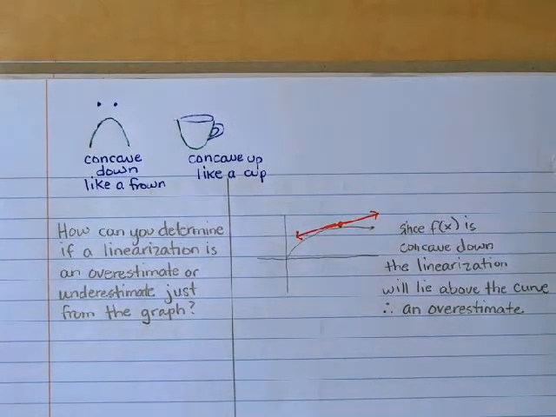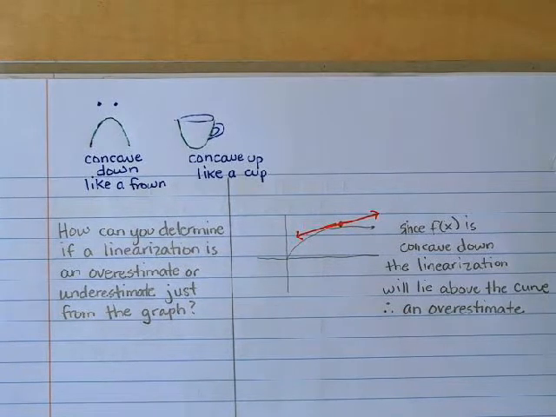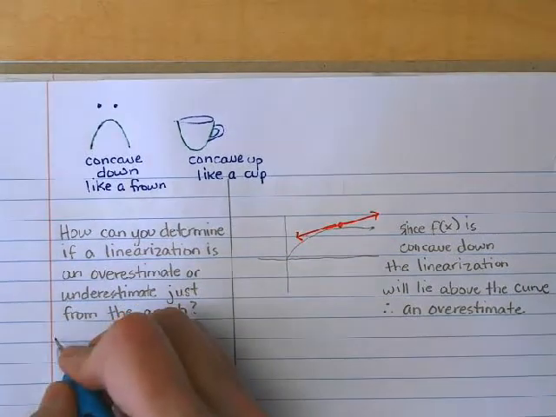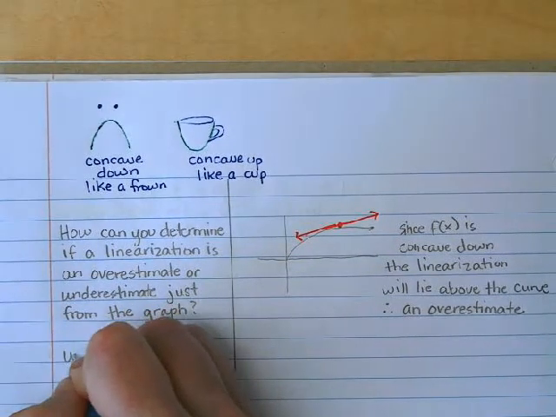Okay, so let's go ahead and see what happens if we used our linearization, the one that we just did, to estimate the square root of 25.